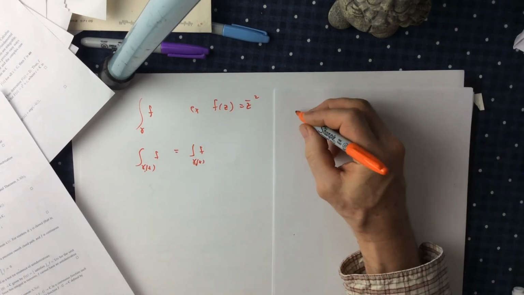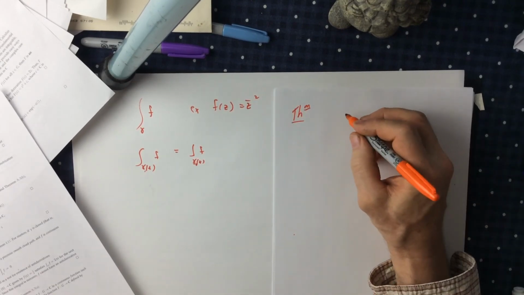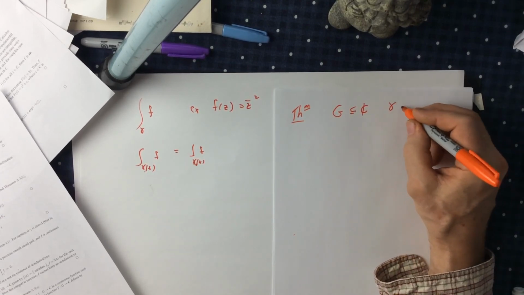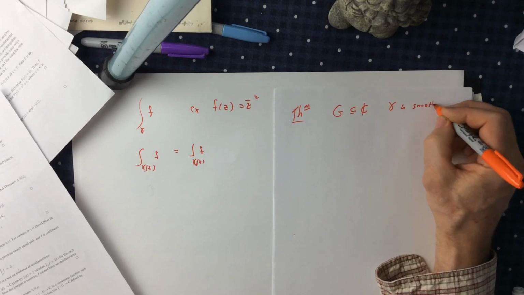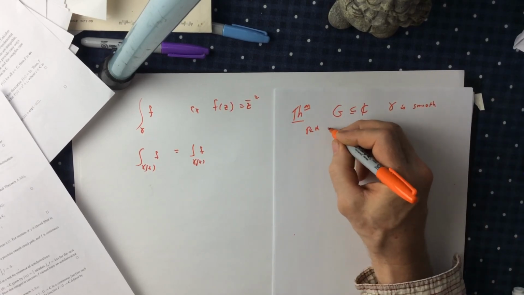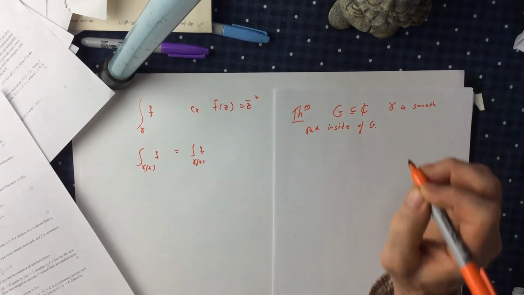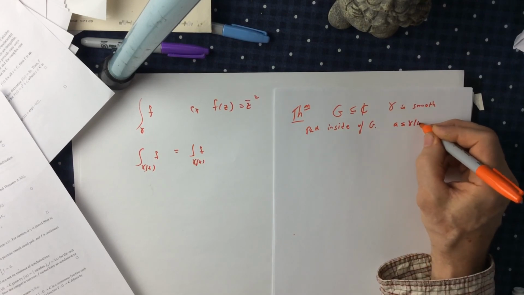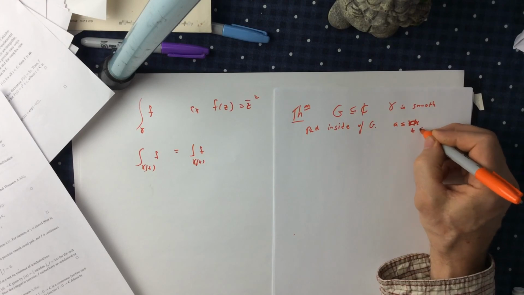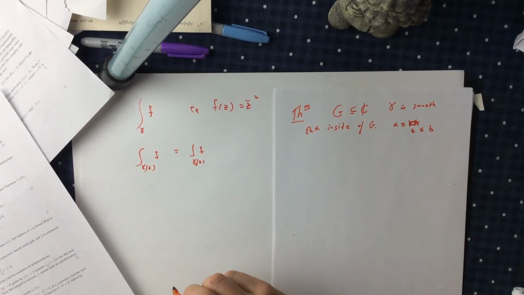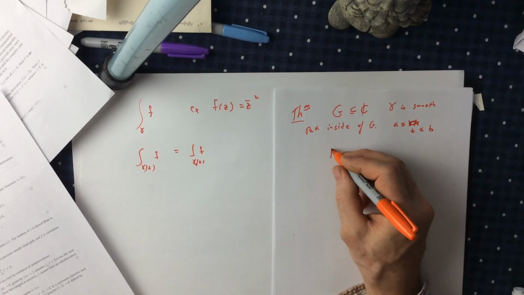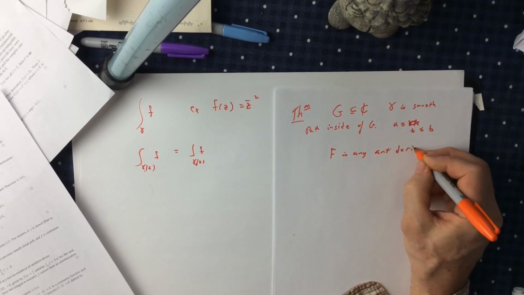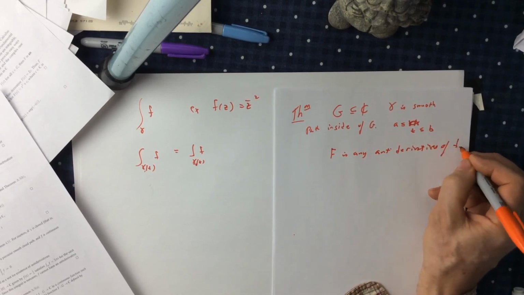So here comes our first theorem. If G is some domain inside of our complex numbers, and gamma is a smooth, that means differentiable, path inside of G, and it has a parametrization, okay, and we also are going to say F is any antiderivative of little f.